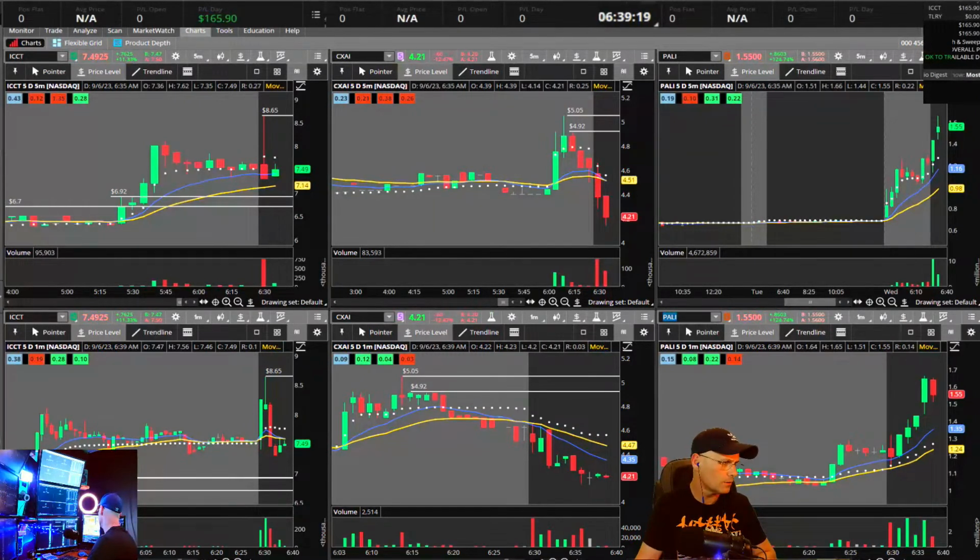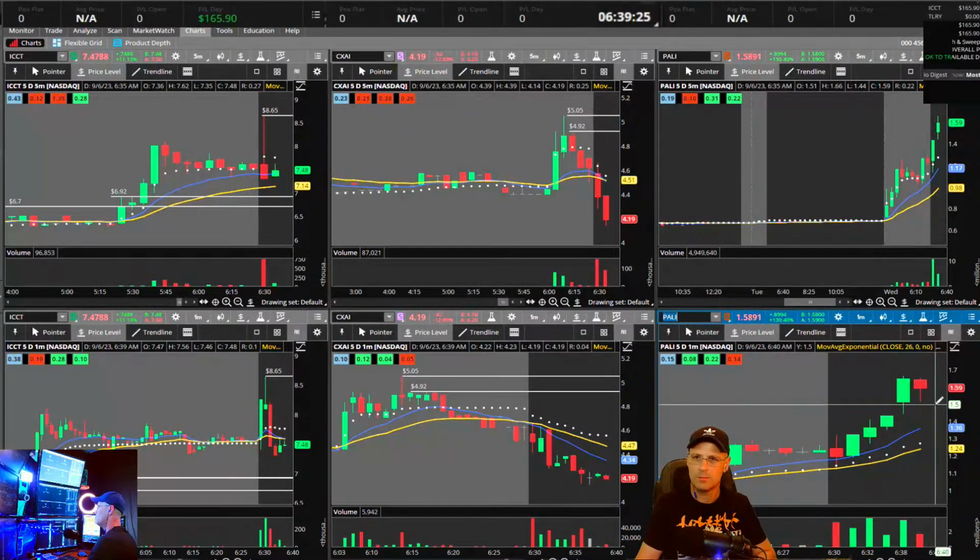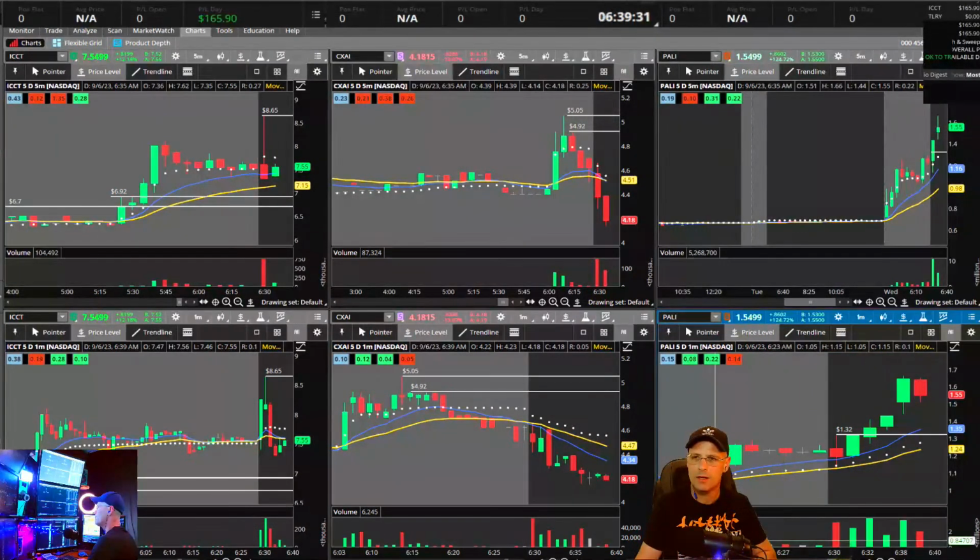High float. 6 million shares in the float. We want that low float. Pulling back to $1.50 here. Previous high of day is right there. $1.32. The EMA is coming up here. We're holding $1.50 so far.